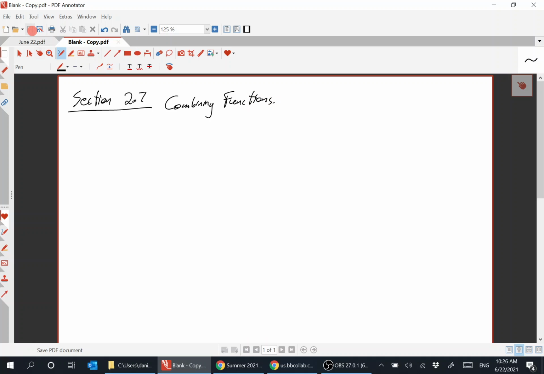So given two functions f of x and g of x, whose ranges are the real numbers.